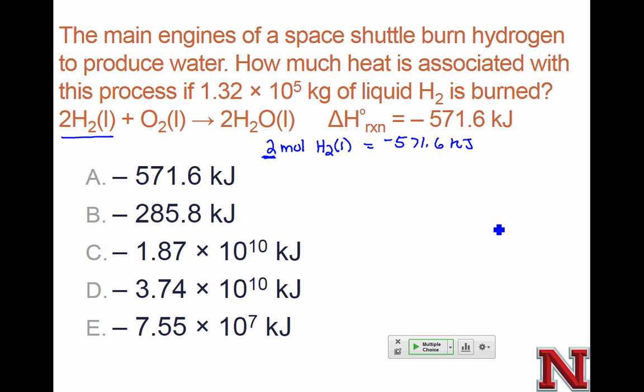So doing this calculation, we're starting with 1.32 times 10 to the 5th kilograms of H2. And again, we got to convert that to grams because our molar mass is in grams per mole. Our molar mass, this is H2, so it's of course 2.016 grams of H2 per every 1 mole of H2.